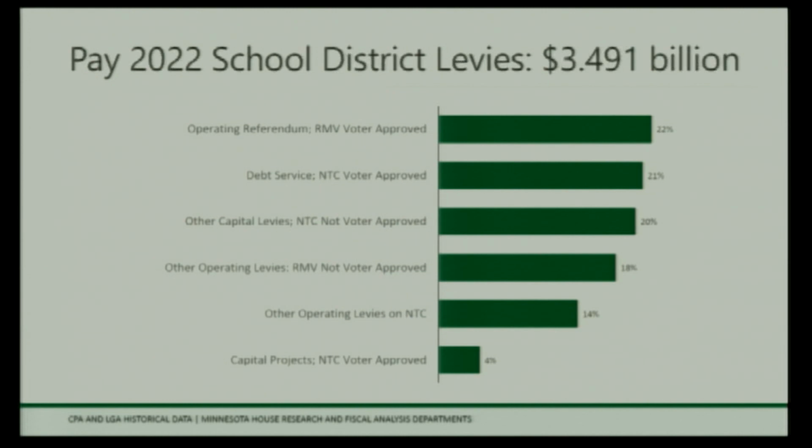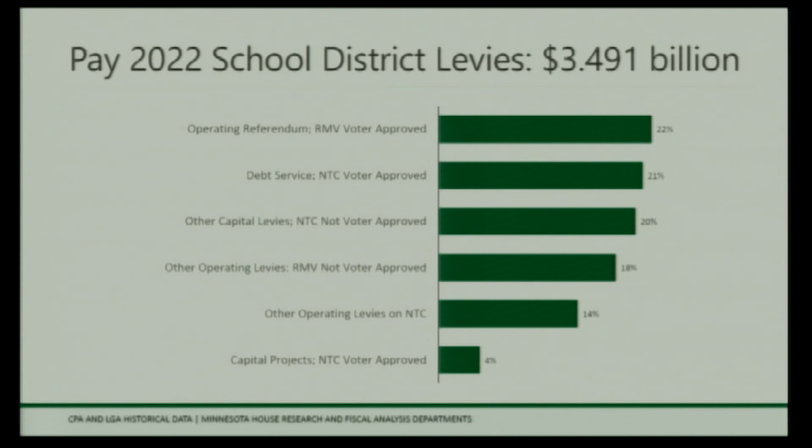And lastly, there are different types of property tax levies. When we talk about property tax revenues that go to schools, on the school district side of things, they break these out into different types. You may remember from the overview presentation a couple of weeks ago that there are 2 property tax bases within the state, so that includes referendum market value, or RMV on the slide. This tax base excludes ag land, cabins, and student housing.